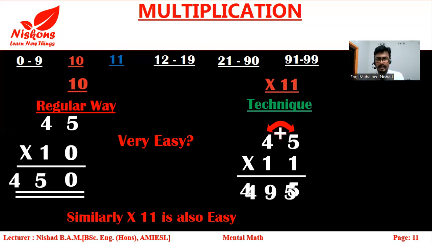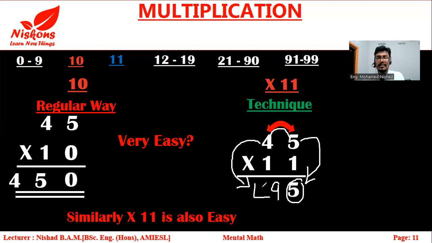So we write that 5 over here, then add 4 plus 5, which is equal to 9, and then we write the first number, which is 4. That is how we do the multiplication by 11.